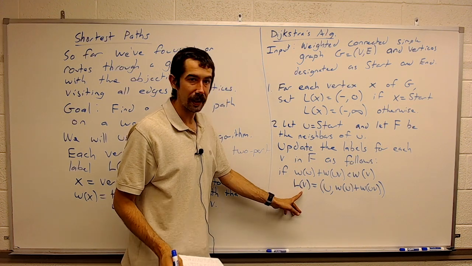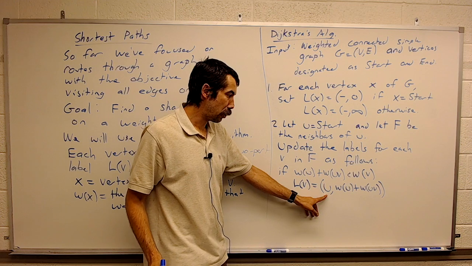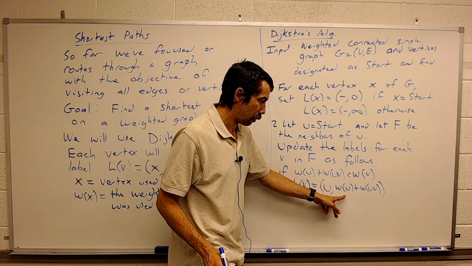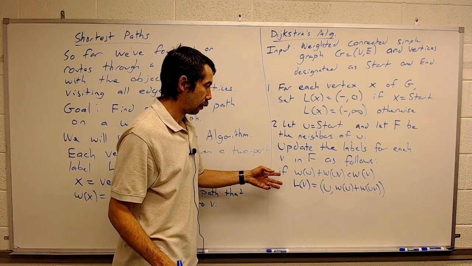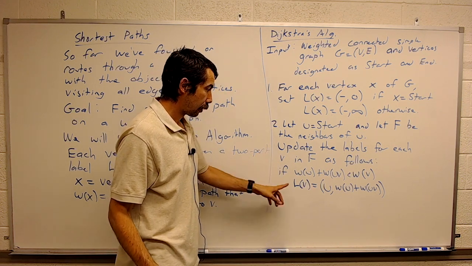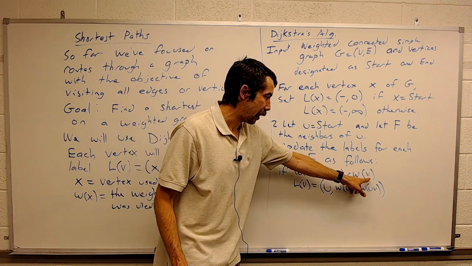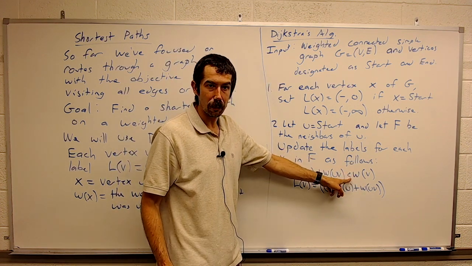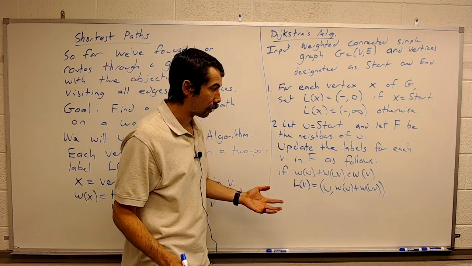Okay, and so we're going to update the label of v saying we came from u, and our new weight is going to be the weight of u plus the weight of the edge uv. Okay, if this inequality does not hold, so if the weight of v is less than or equal to this sum here, then we're not going to update the label at all.